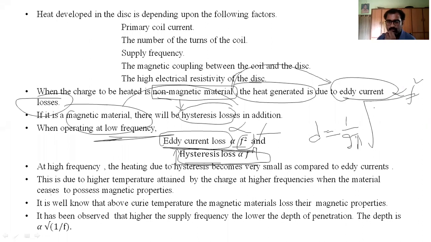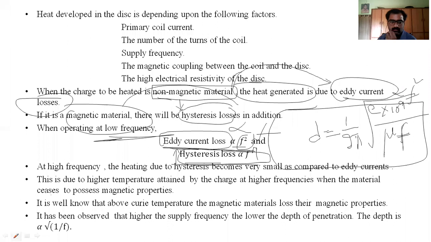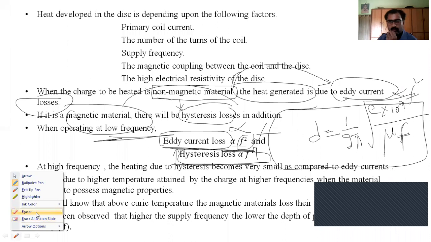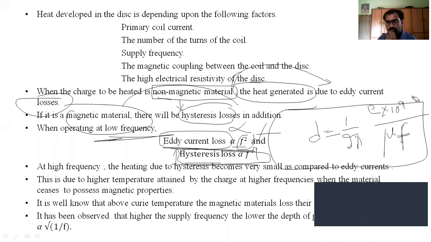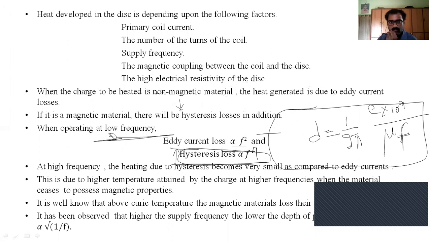The depth is calculated by d = 1/(2π) × √(ρ × 10^9 / (μ f)). Based upon this formula, the depth of the charge where the high temperatures are produced can be found easily.